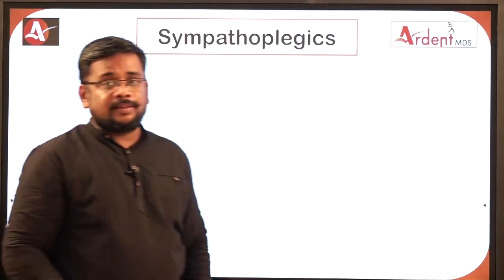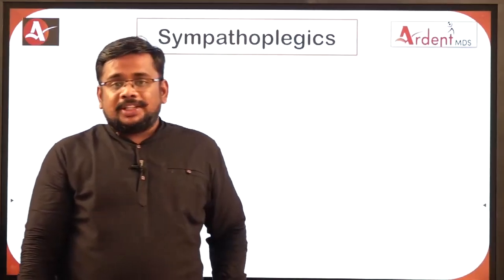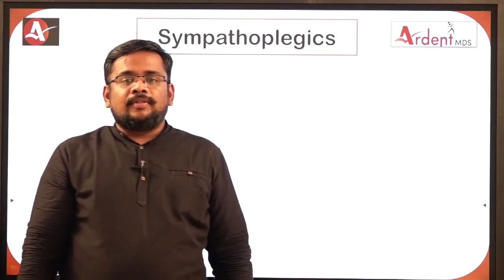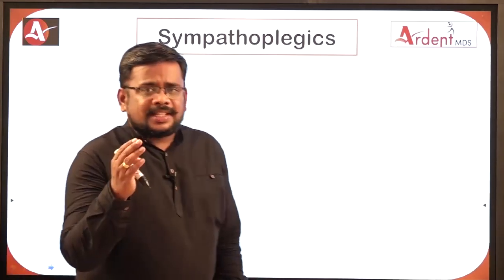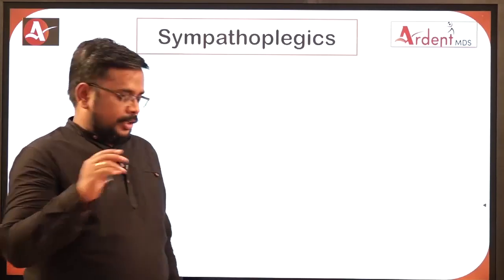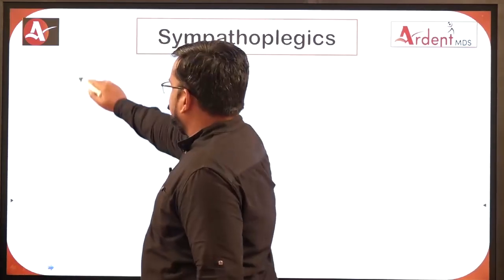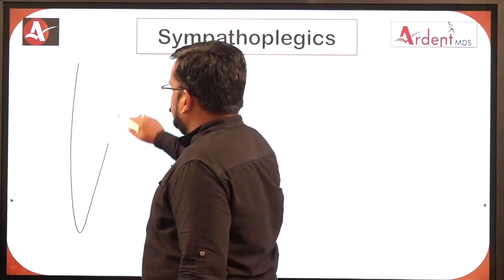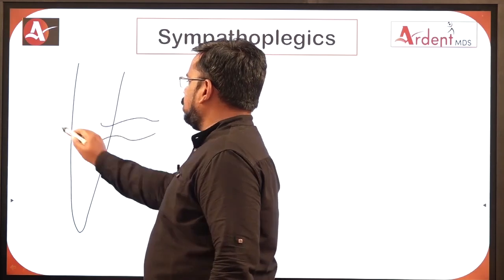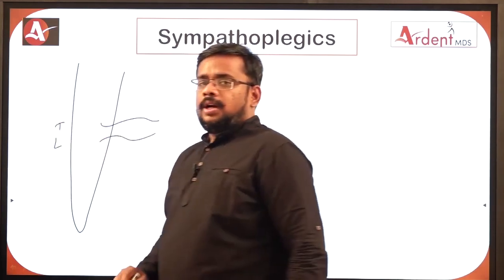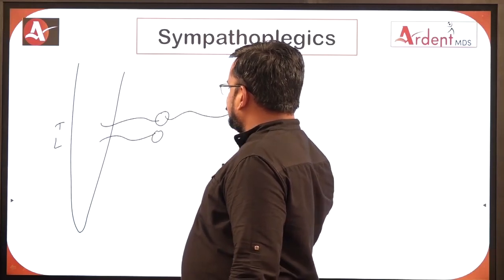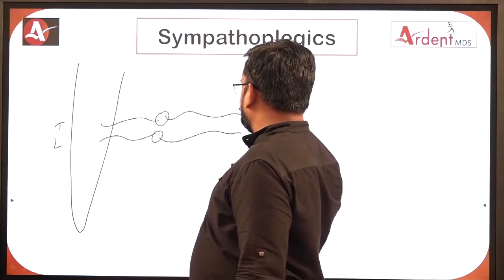The second category of drugs is sympathoplegics. Before we enter into the sympathoplegics, we have to know some basic things about sympathoplegics or sympatholytics, right? In the ANS we studied that the preganglionic fibers arise from the thoracolumbar region of the spinal cord, and go to one area from where the postganglionic fibers arise.